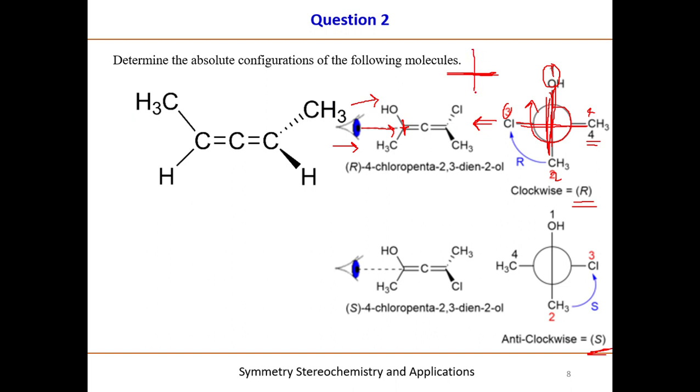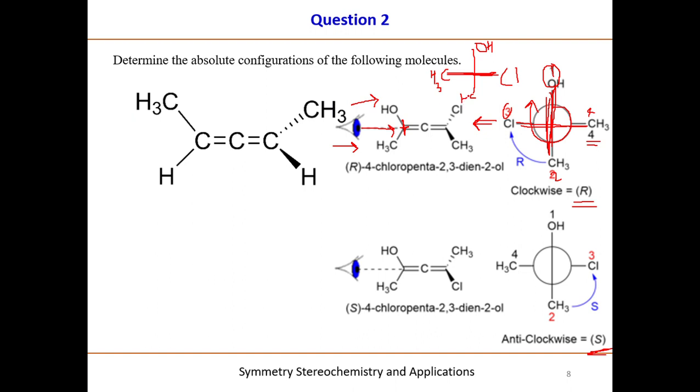At the horizontal line you can see the chlorine group is present on the right side, then the CH3 group, correct? And then on the vertical line the OH group and CH3 group are present, correct?